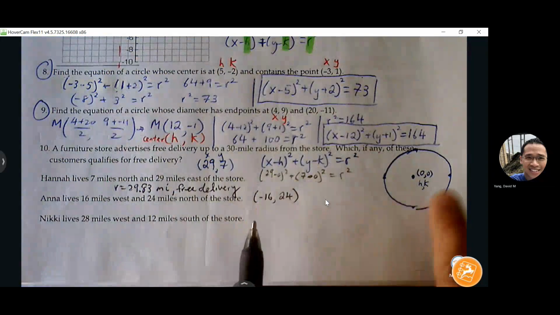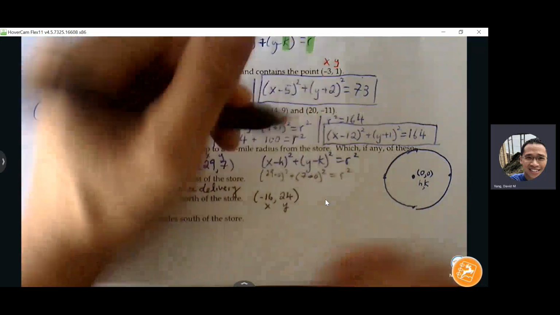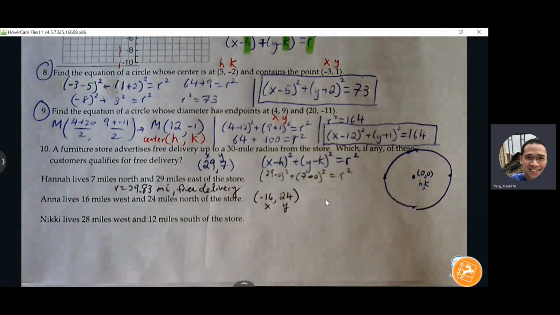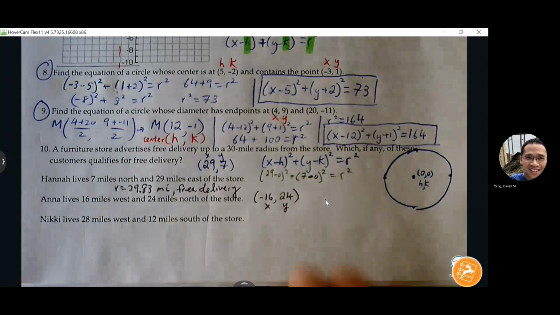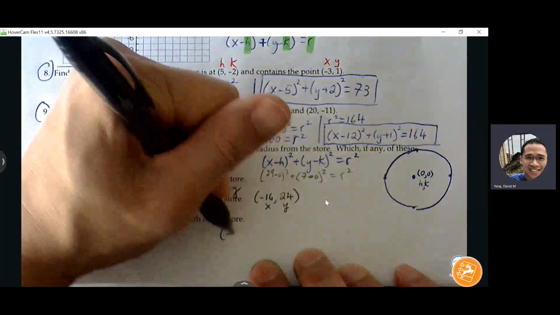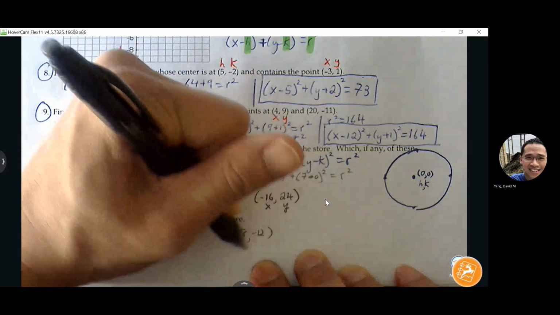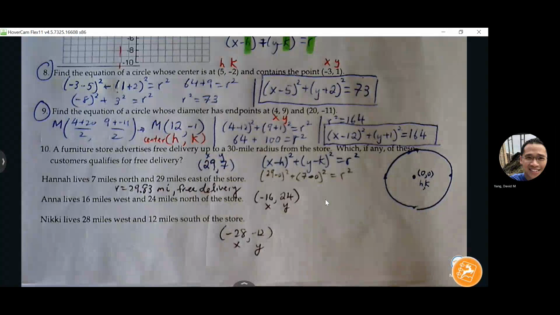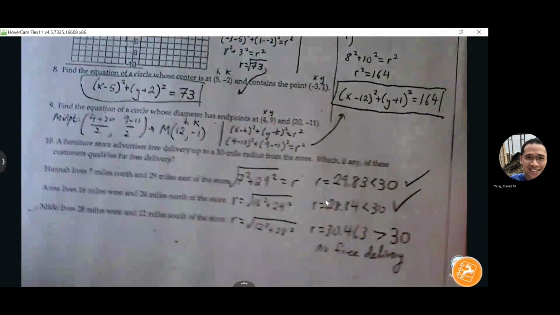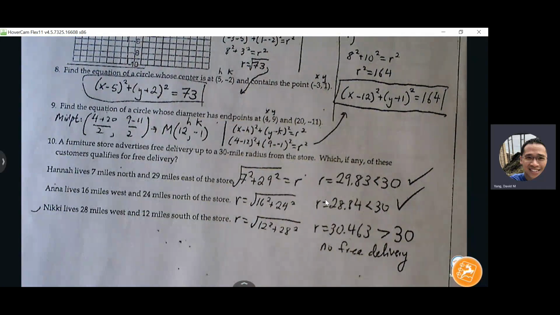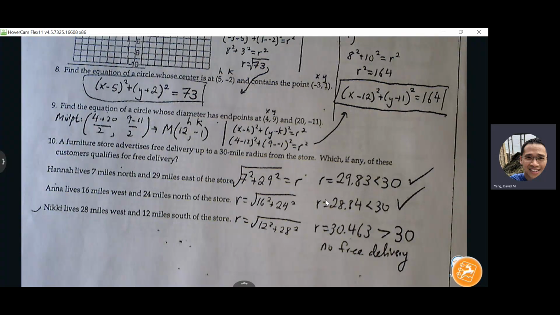Same process. This is your x and y. Subtract your h and k. Pythagorean theorem, find r. Then Nikki, negative 28, negative 12. Pythagorean theorem, take the square root. So Anna is within that 30-mile radius. Nikki is not within that 30-mile radius. So free delivery for Hannah and Anna, but not for Nikki.